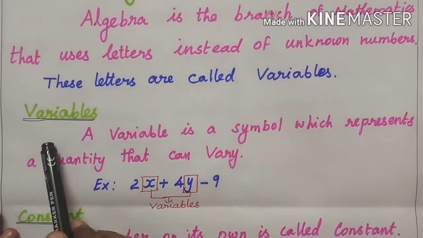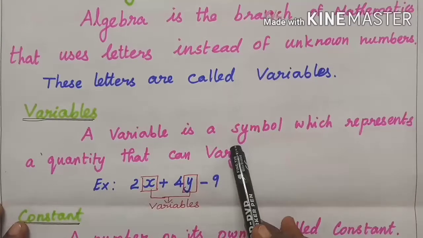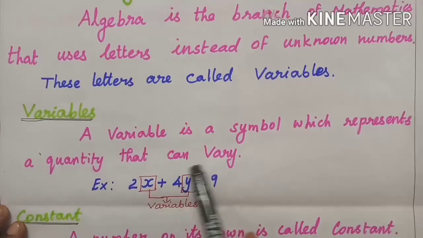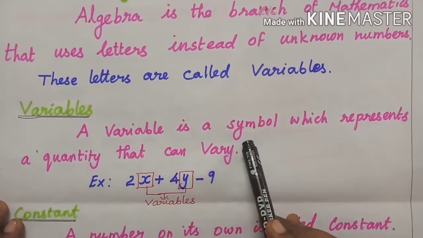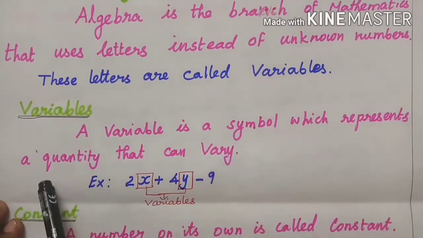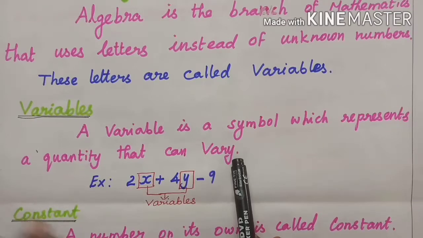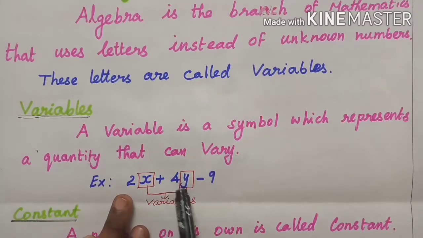Variables first. A variable is a symbol which represents a quantity that can vary. Here I am going to take this expression for example, that is 2x plus 4y minus 9.